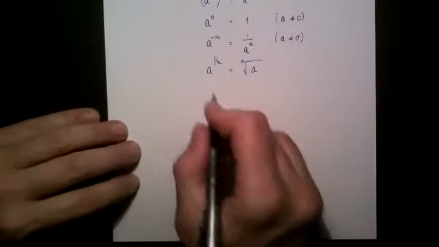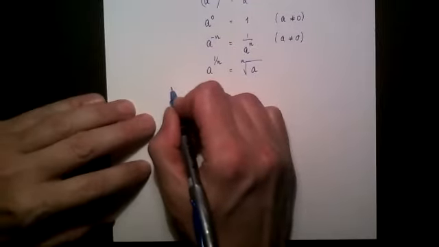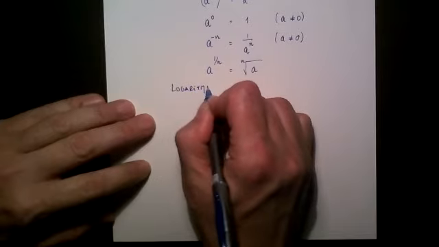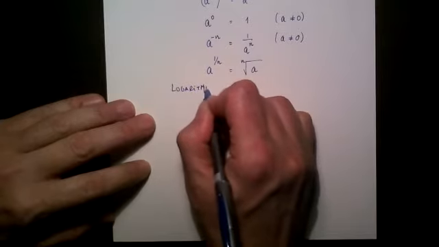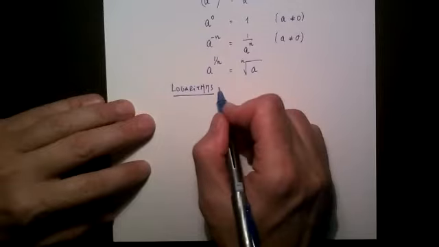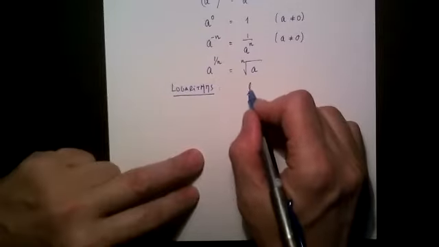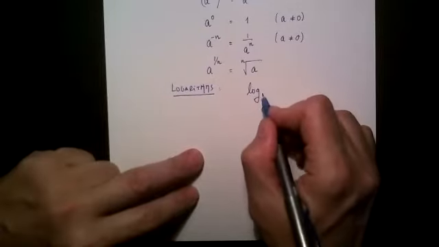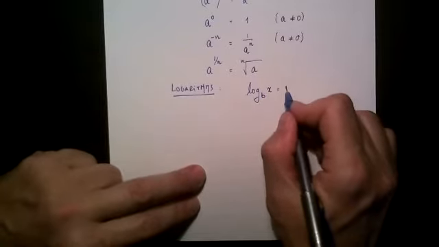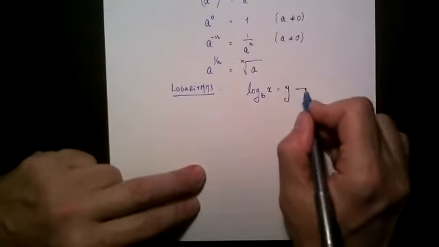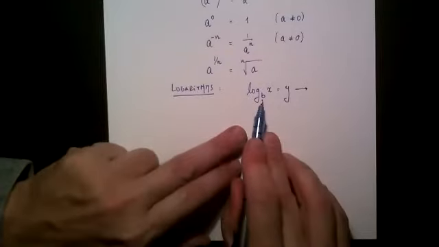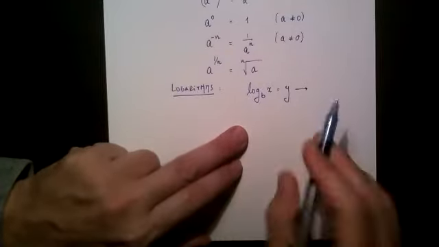Okay, now, logarithms. Okay, so how does it work? The log in base b of x equals y. This means that b power y equals x.